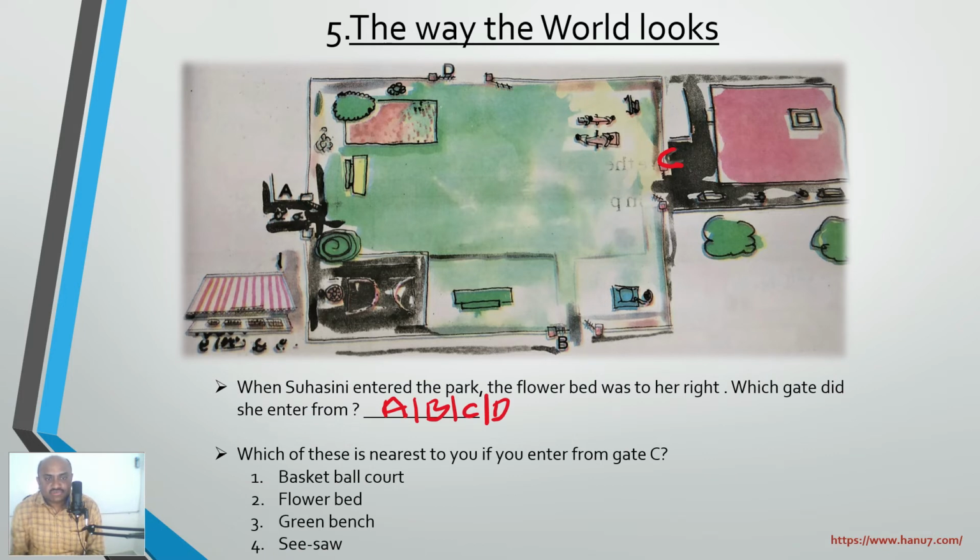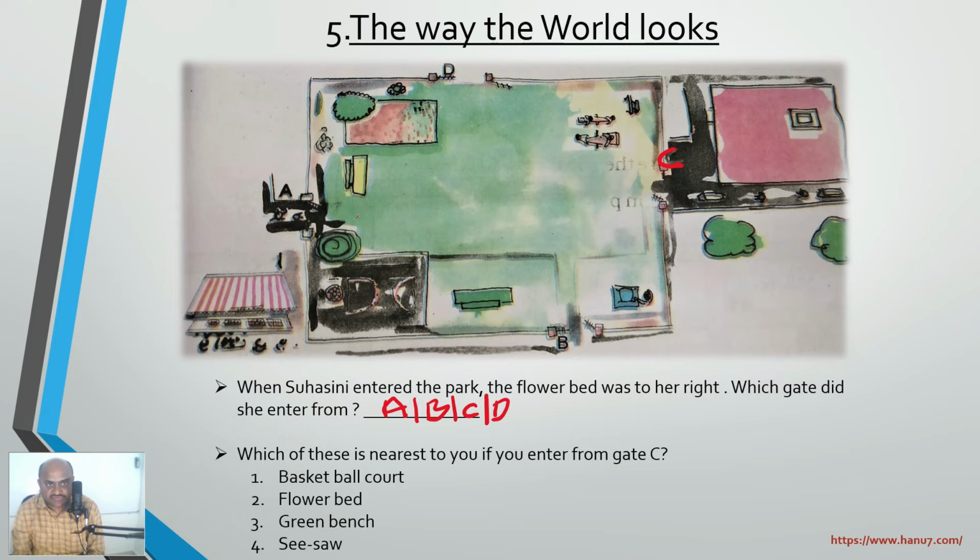Now coming to Suhasini. She entered the park, and when Suhasini entered the park, the flower bed was to her right. Which gate did she enter? So when Suhasini enters from which gate will it be towards the right side?